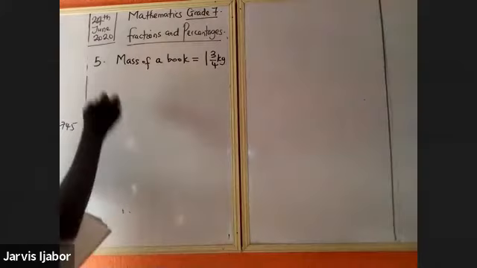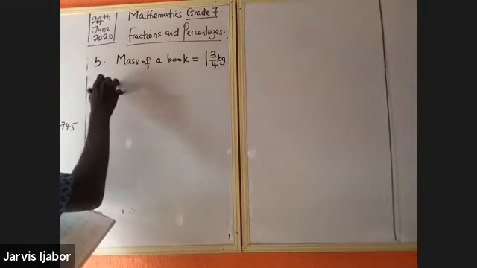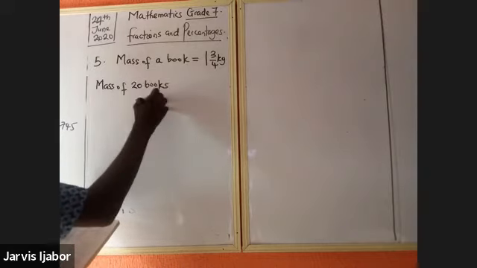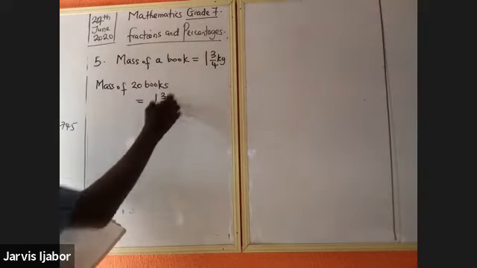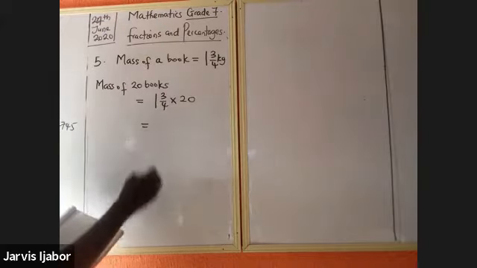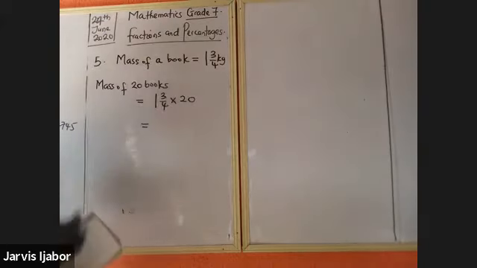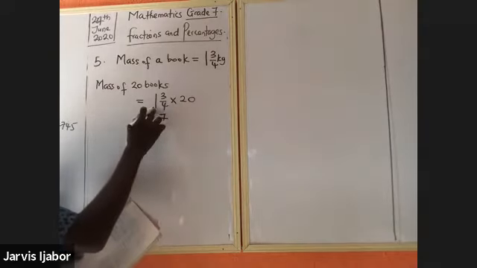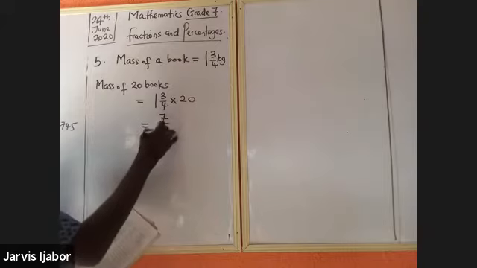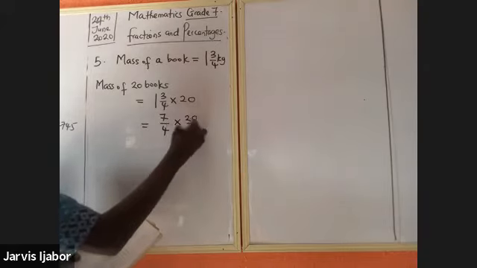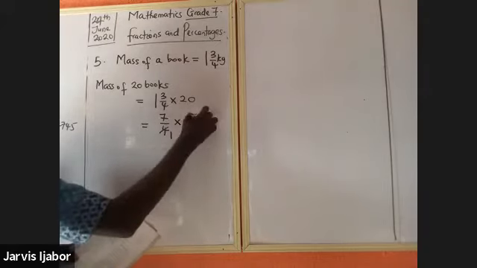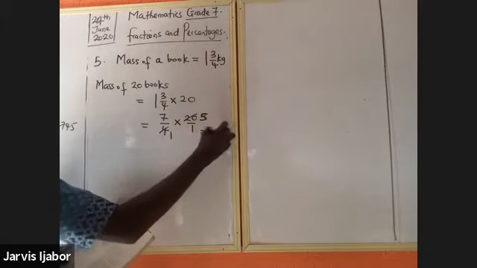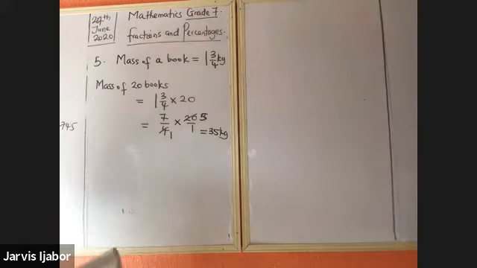And if there are 20 books, so the mass of 20 books will simply be equal to 1 3/4 times 20. How do you go about that? You change this to an improper fraction. That will give you 7. 4 times 1 is 4 plus 3. That's 7 over 4 times 20 over 1. And that will give you 5. And so your answer is what? 35 kg. That's for question number 5.